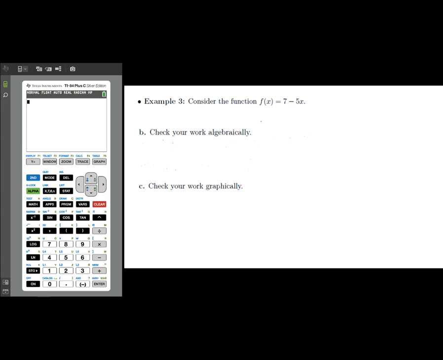So let's check our work from above. So we found that f inverse of x is equal to negative 1/5 x plus 7/5. All right, so let's check it with the inverse function property algebraically. So let's compose these two functions. So f of f inverse.